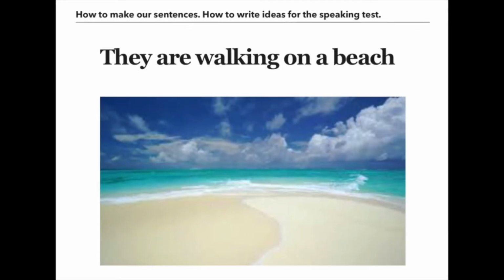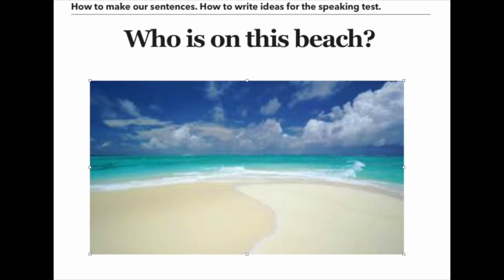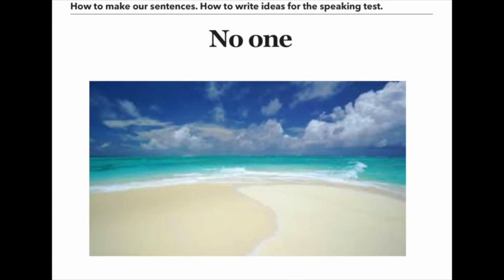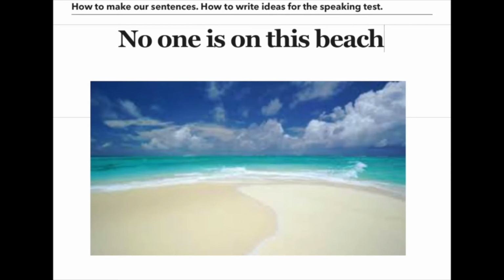On page 7, what are they doing on the beach? They are walking on the beach. Who is on this beach? No one. No one is on this beach. I don't see any people on this beach.